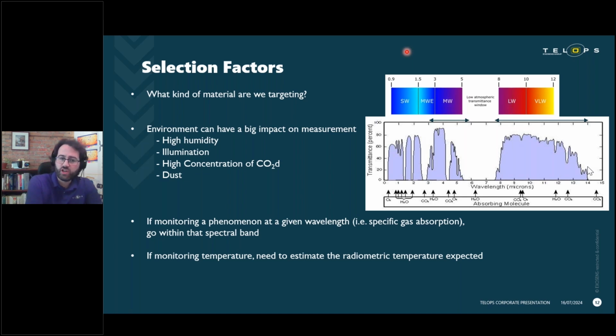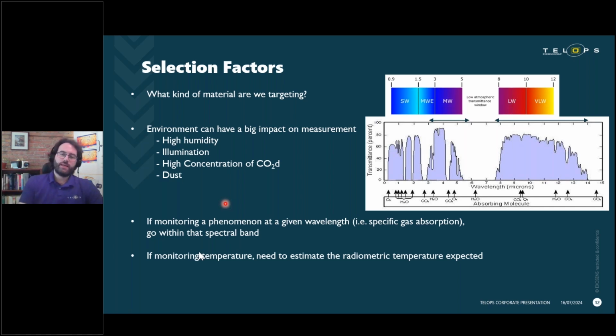If you're outside, illumination like the sun can have a good impact on what you're seeing with your camera. If you're inside, what kind of illumination do you have as well? Otherwise, if you're doing infrared measurement for a phenomenon happening at a given wavelength, like gas absorption or gas being emitted through combustion, then of course you have to go within that spectral band of interest.